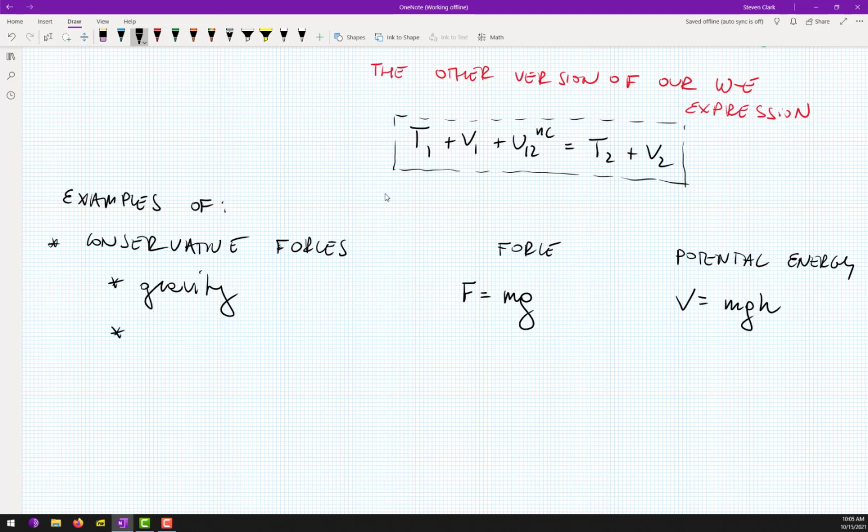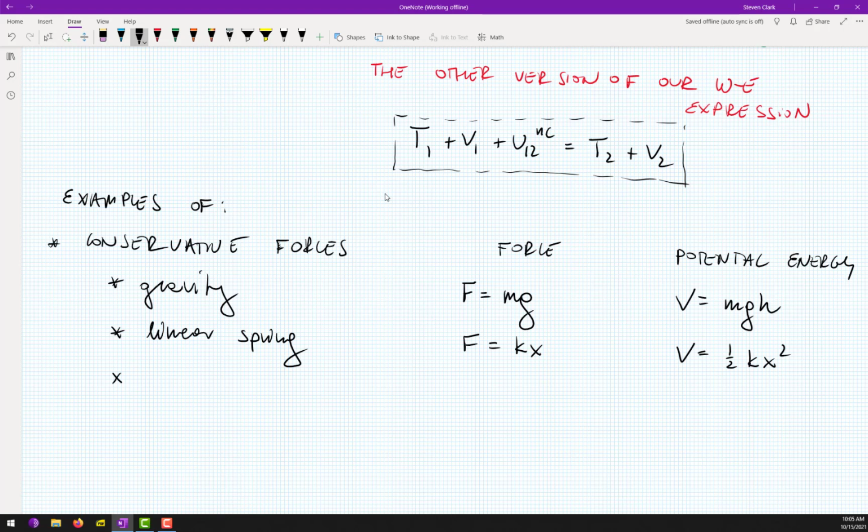Then you said linear spring, where the force associated with a linear spring is kx, and the potential energy will be 1/2 kx squared.